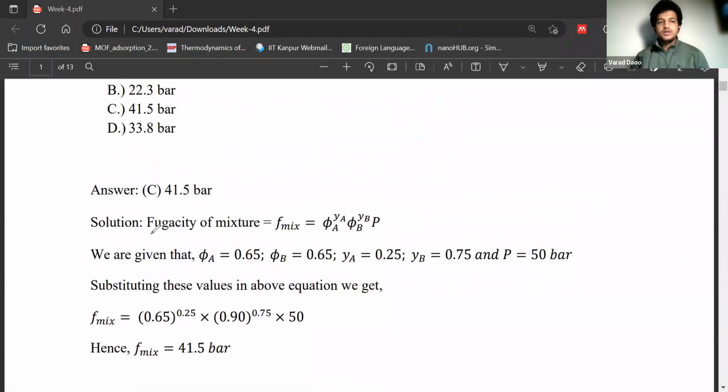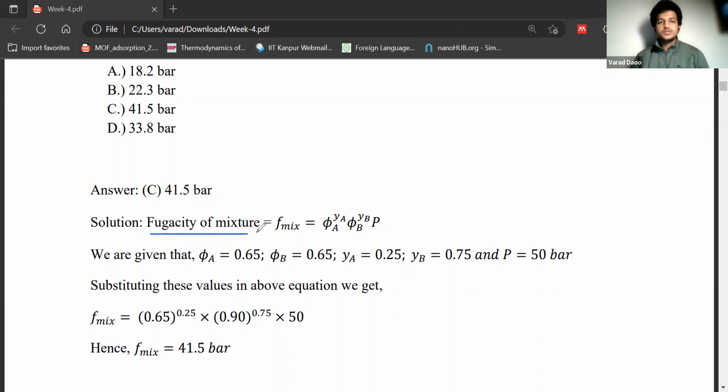The solution is, we know that the fugacity of a mixture, let us denote it by f mix, is given by phi A raised to yA into phi B raised to yB into P, where phi A is the fugacity coefficient of component A in a binary mixture having a mole fraction of yA. Phi B is the fugacity coefficient of component B in a mixture having a mole fraction of yB.